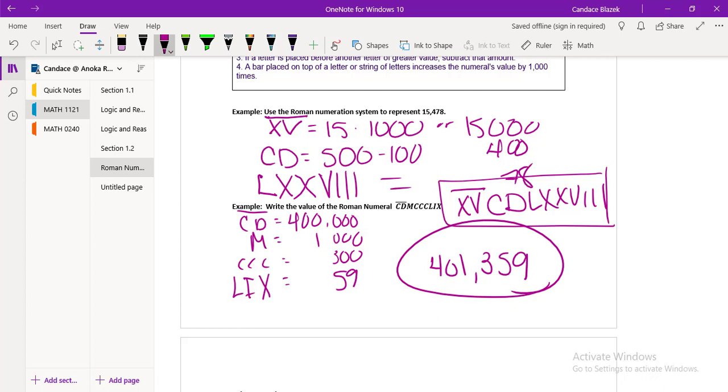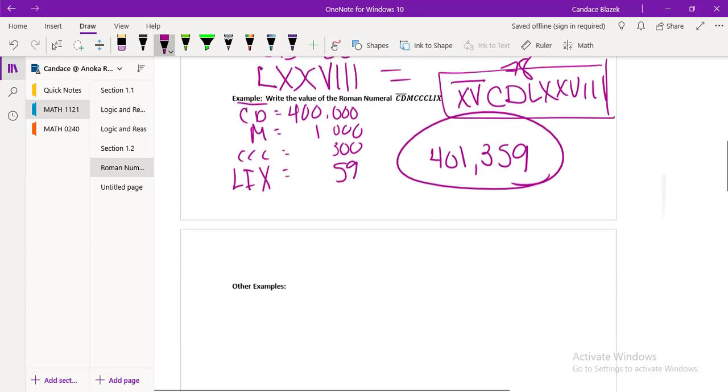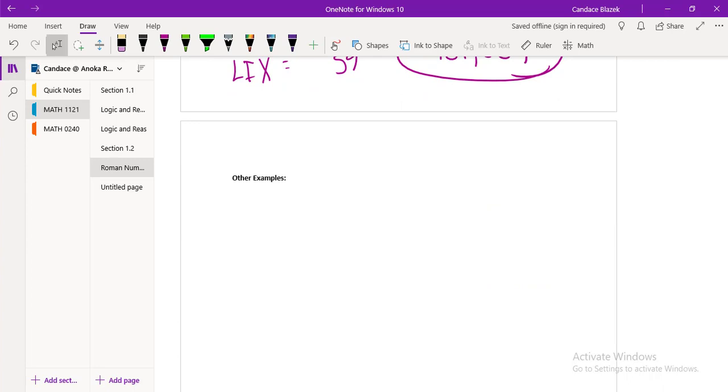Those two examples were a little bit bigger. So let's take a look at just a few smaller practice cases. Say that we want to do something like 47. Well, I can't do X, X, X, X because we're not supposed to put the same letter next to itself 4 times. So I know that L is equal to 50, and I know that X is equal to 10.